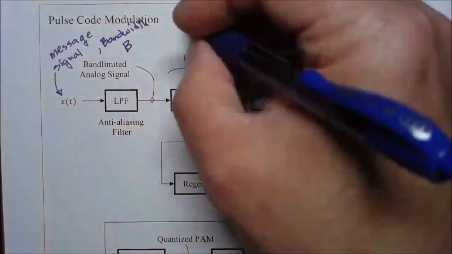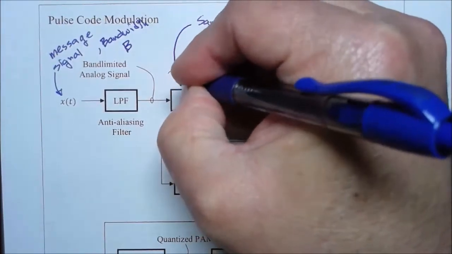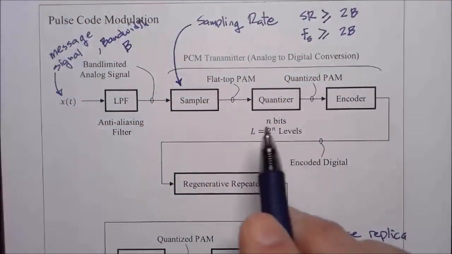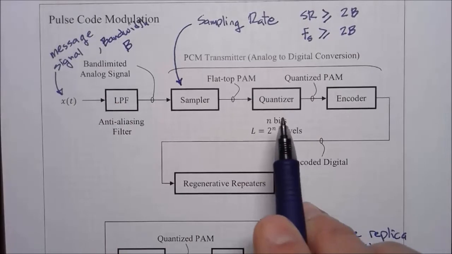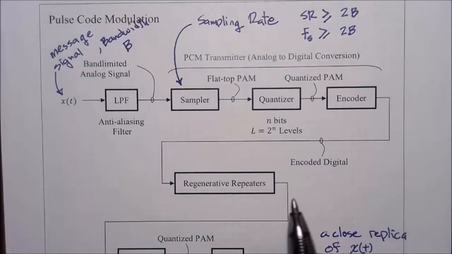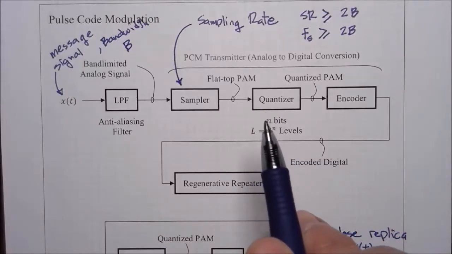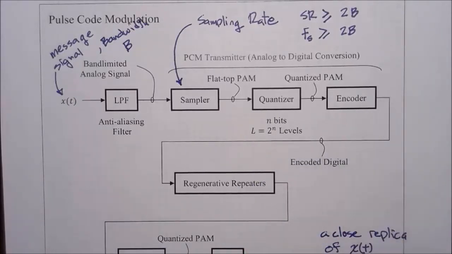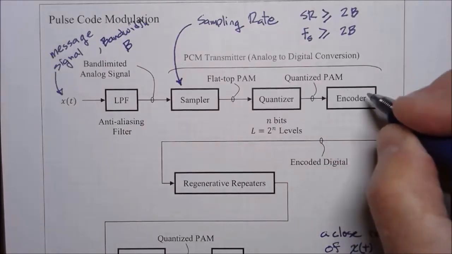So the sampling rate is one of the features of the sampler. The quantizer uses a certain number of bits to represent each sample. That is useful in determining the bit rate of the encoded data.